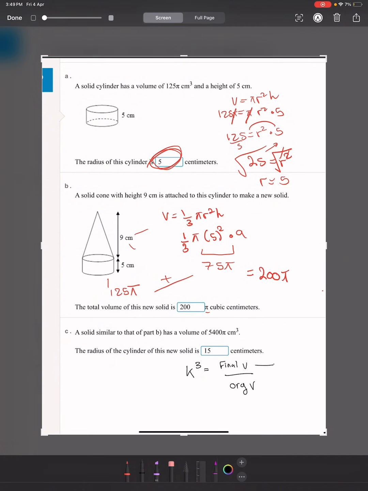So the final volume is 5,400 and the original volume is 125 pi and pi, so it's going to be 5,400 pi over 125 pi.